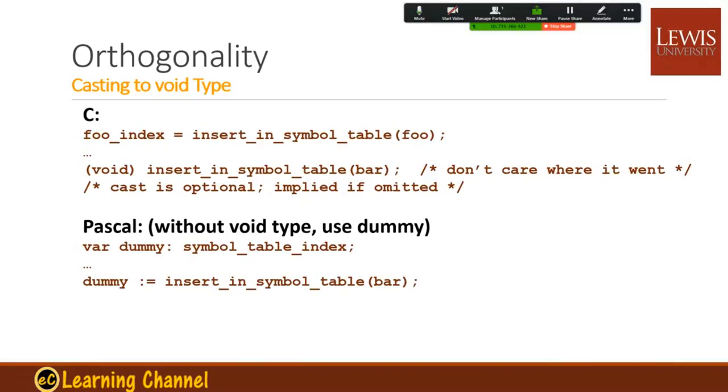So the data is returned, but it's converted to void type. And casting is optional, implicit is omitted. Pascal has type inference using VAR, a dummy data type. It uses a dummy type.